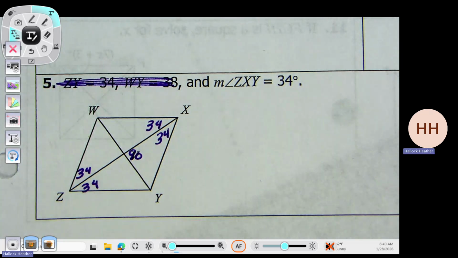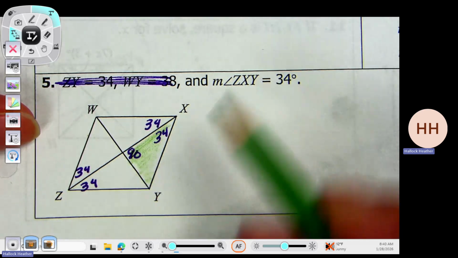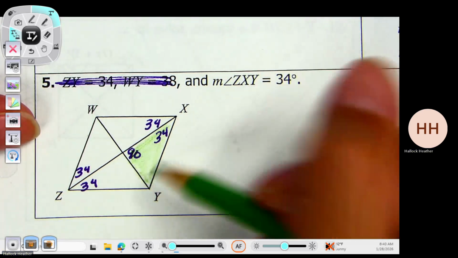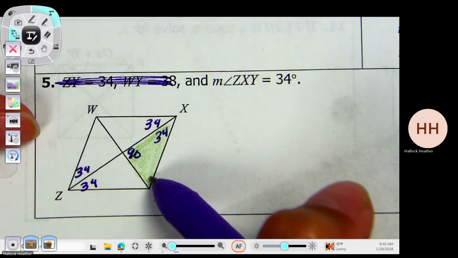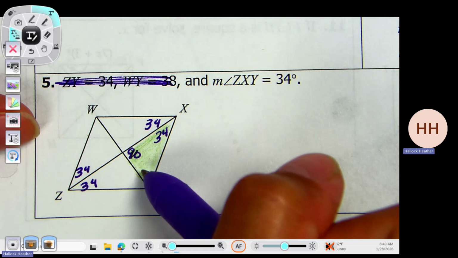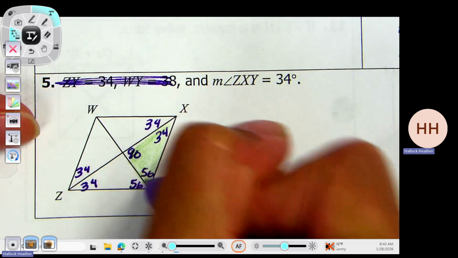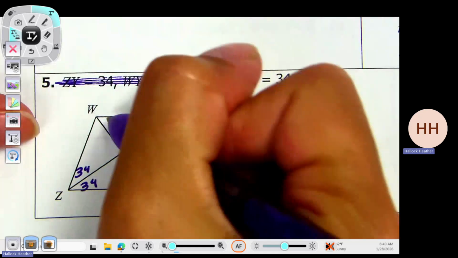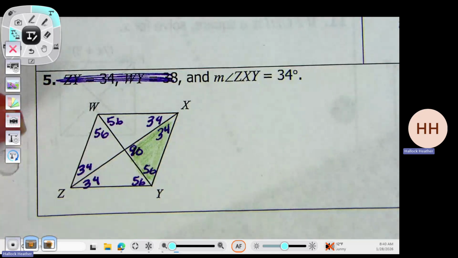Okay, so a triangle adds to make 180. So if I have 90 and 34, how much is that missing corner of the triangle? Not 50, 56. So this is 56. This is 56. 56 can jump across to W. 56 can go here. 56 can also go here because they're angle bisectors and they all match.